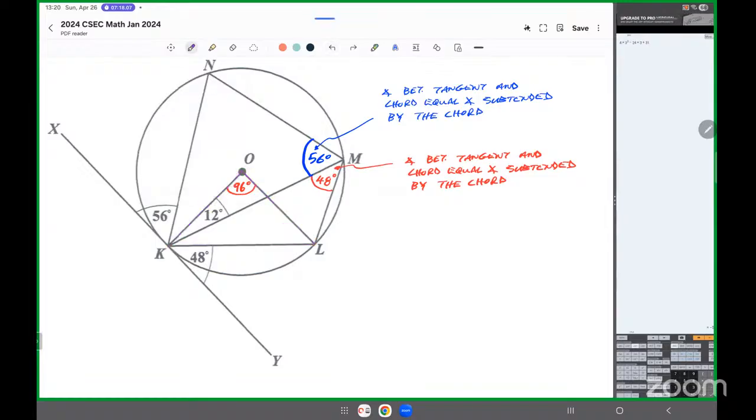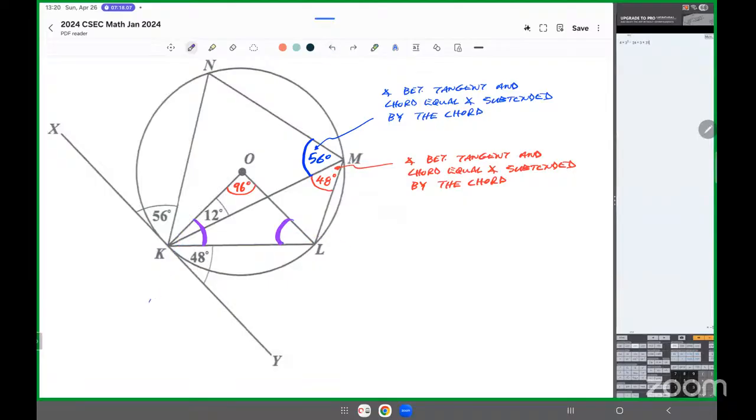Why is it isosceles? Because this radius, that's a radius, is the same length. So it means that this angle and this angle are the same. So you can work in this triangle: the total angle in the triangle is 180, then divide by 2. So 180 minus that, divided by 2.